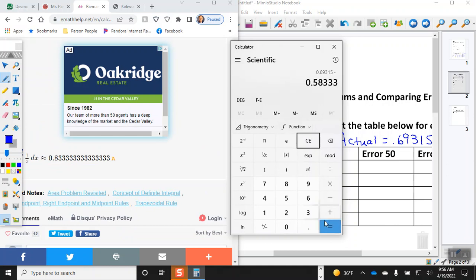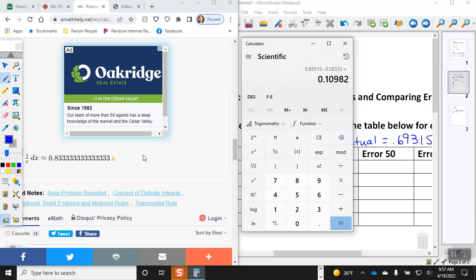Okay, here is your left error. Okay, there's your left error too. 0.10982. Okay, you guys have that?